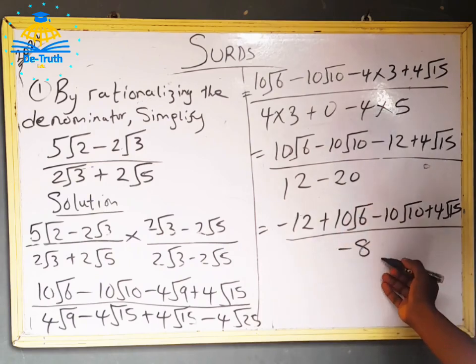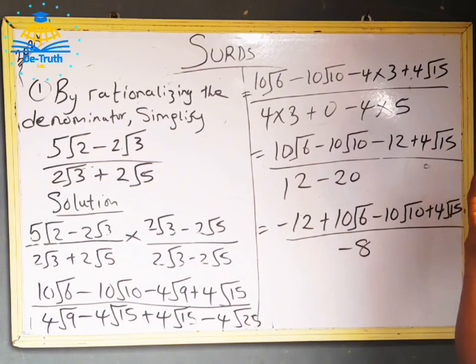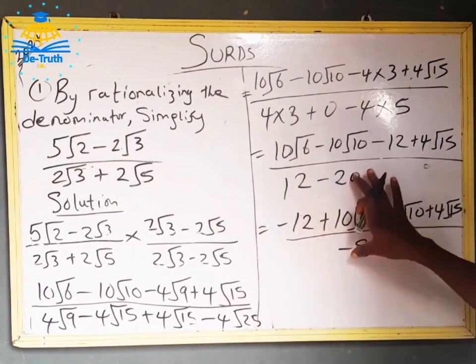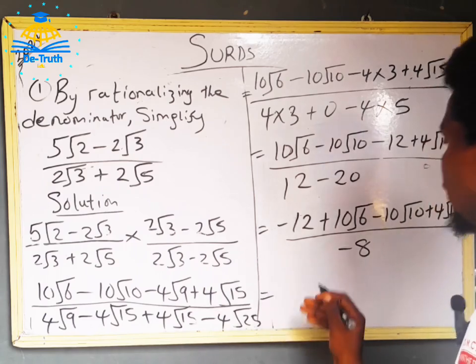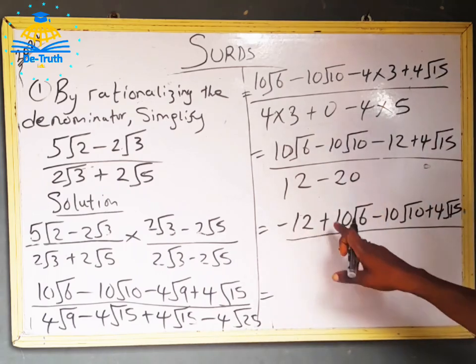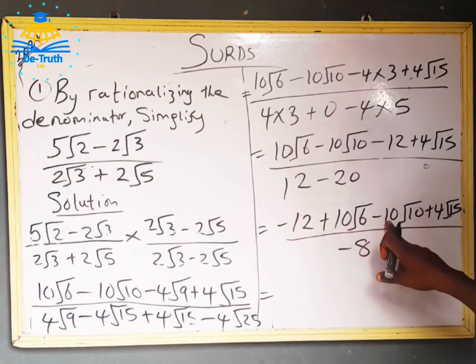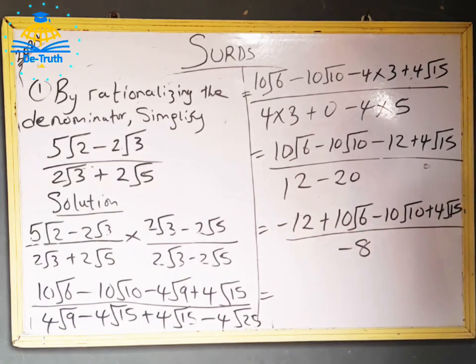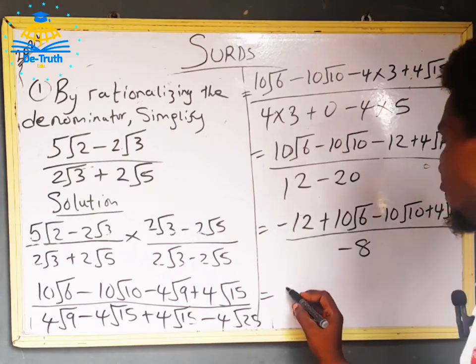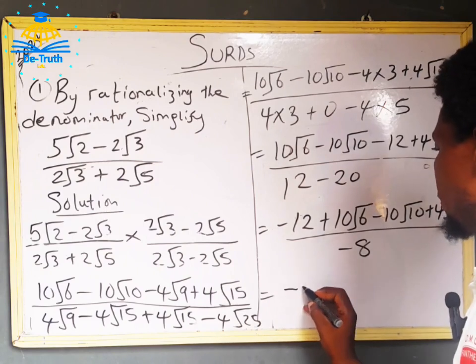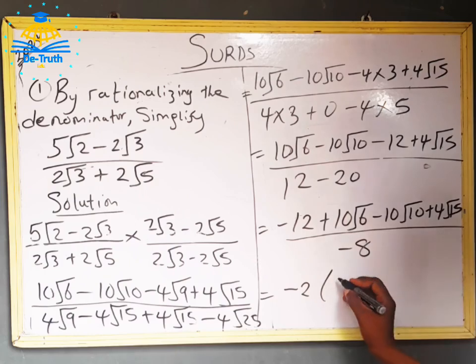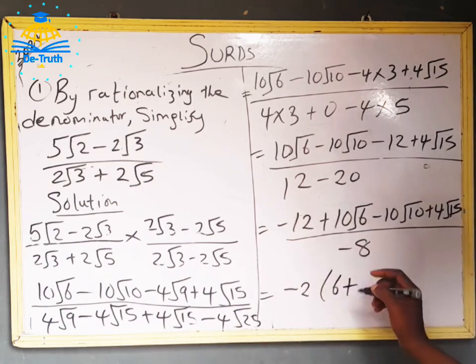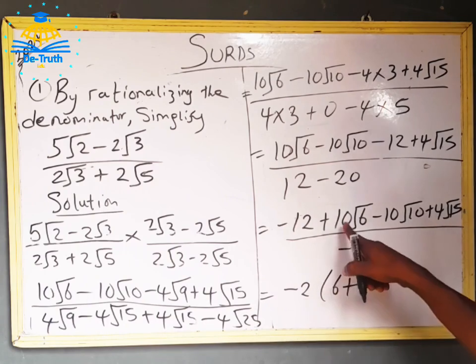So now this is our answer, but you can simplify it further by dividing everything through by a certain number. What is the factor of this minus 12, this 10, and this 4? You can see that 2 goes into everything. So let's say minus 2. Minus 2 times 6 will give us minus 12, minus 2 times minus 5 will give us 10.